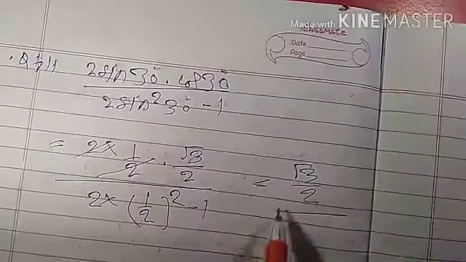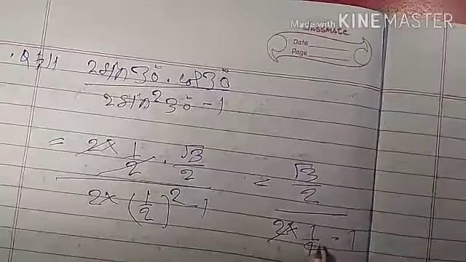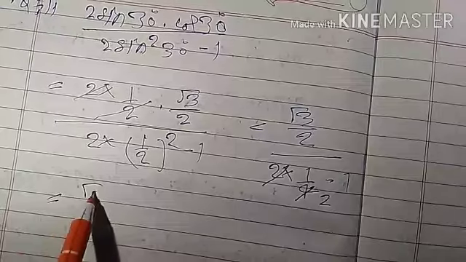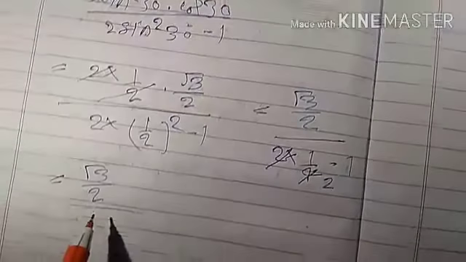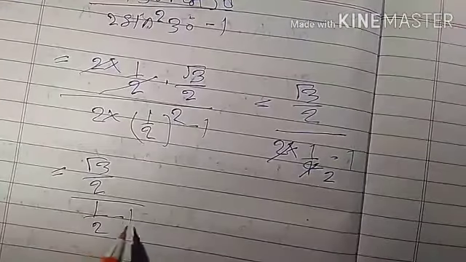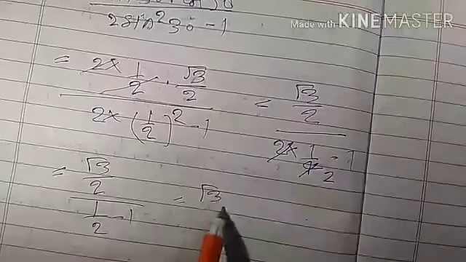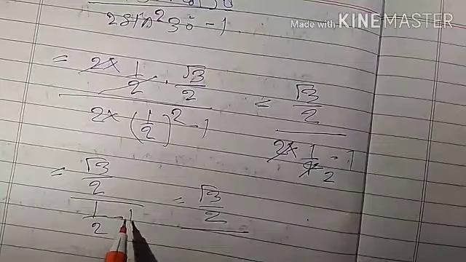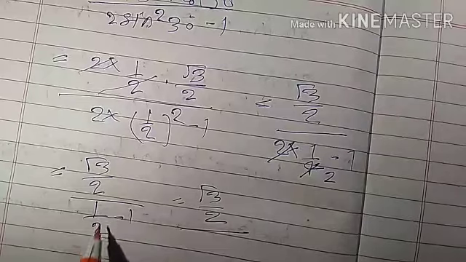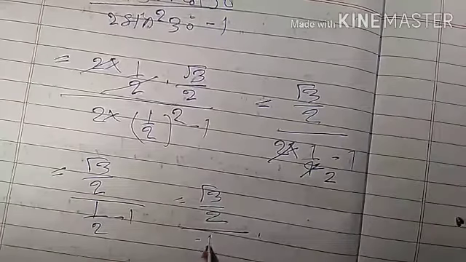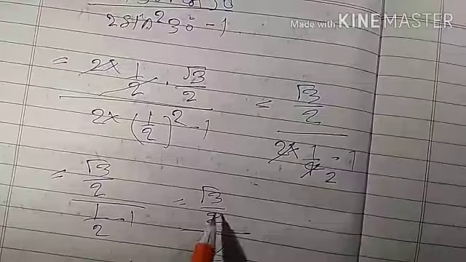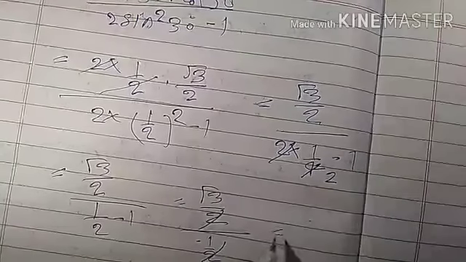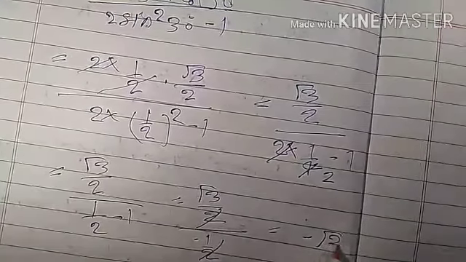So 2 cancels out, that is square root 3 by 2 divided by 2 into 1 by 4 minus 1. So we can write square root 3 by 2 divided by 1 by 2 minus 1. So we can write minus 1 by 2. So 2 cancels out and the answer is minus square root 3.